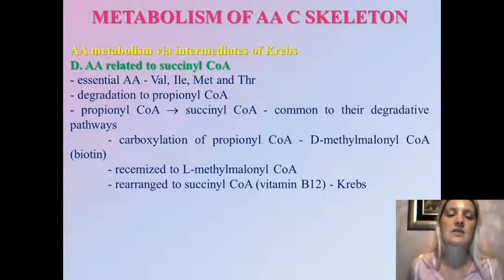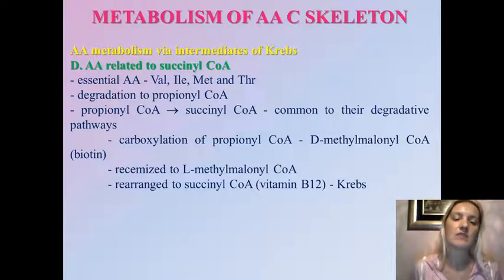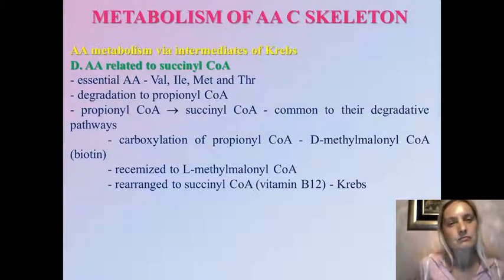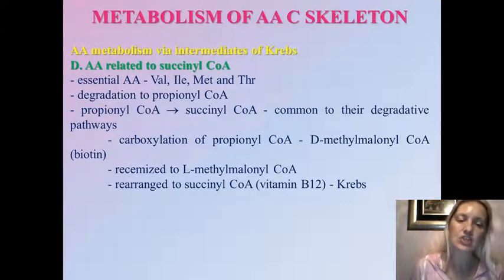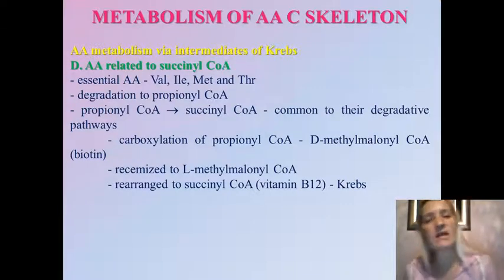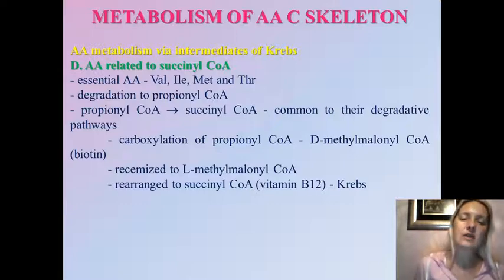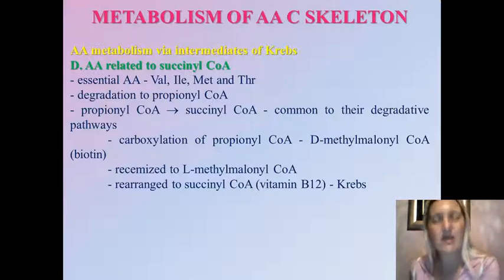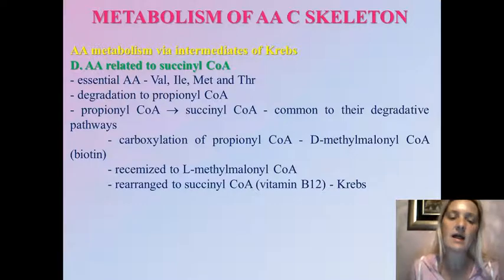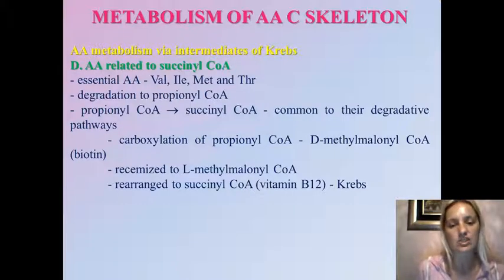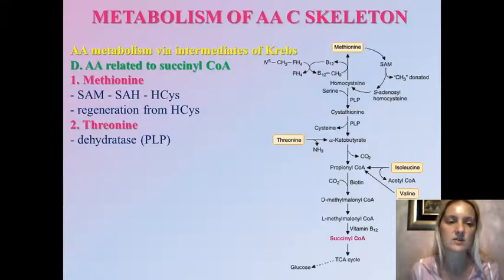So it's transformed to succinyl coenzyme A, which is common to their degradative pathways, and it's accomplished by carboxylation of propionyl coenzyme A to D-methylmalonyl coenzyme A, and this is a biotin requiring reaction. Then D-methylmalonyl coenzyme A is racemized to L-methylmalonyl coenzyme A, and L-methylmalonyl coenzyme A is rearranged to succinyl coenzyme A in a vitamin B12 requiring reaction, and succinyl coenzyme A enters the Krebs cycle.